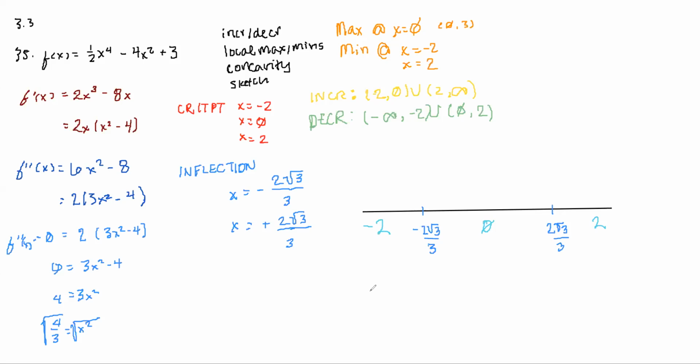So we're going back all the way over here. We're going to see, is it positive or negative if I stick 2 into this equation? That would end up being 3 times x squared, which is 4, minus 4. So that's 3 times 4 minus 4, which is going to be a positive number, right?